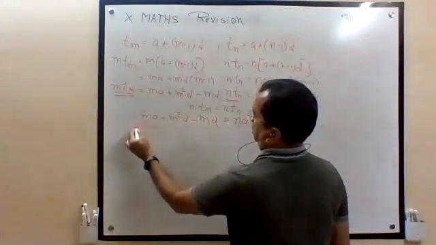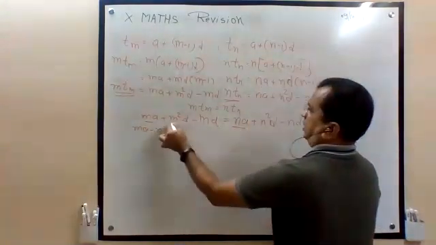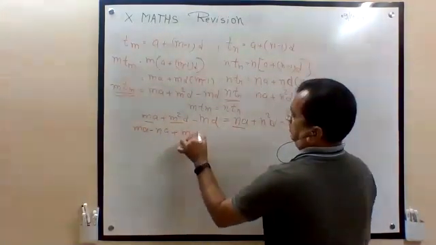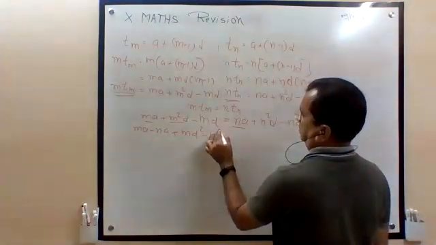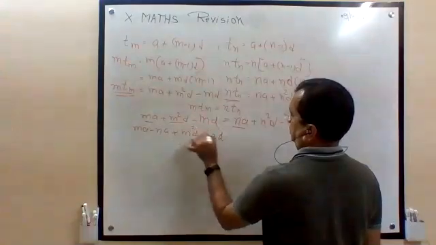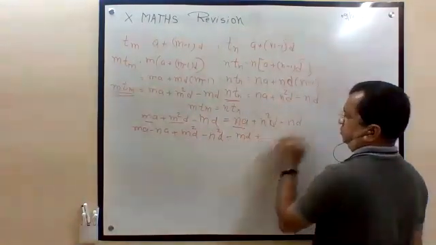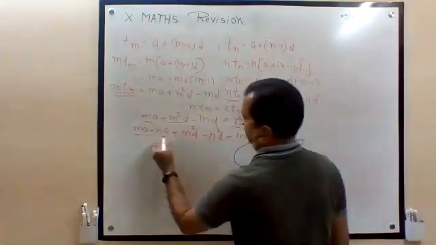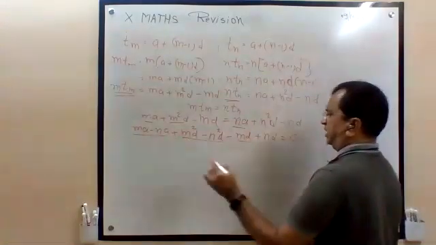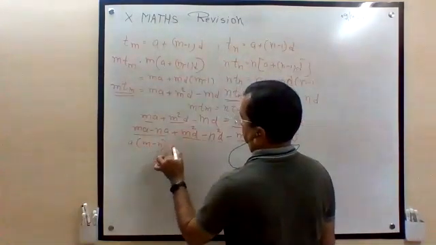Now take same terms together, the a terms: ma minus na. Now d terms: m square d minus n square d, minus md, this goes to this side, so plus nd. Now from these take something common. Here a is common: (m minus n).